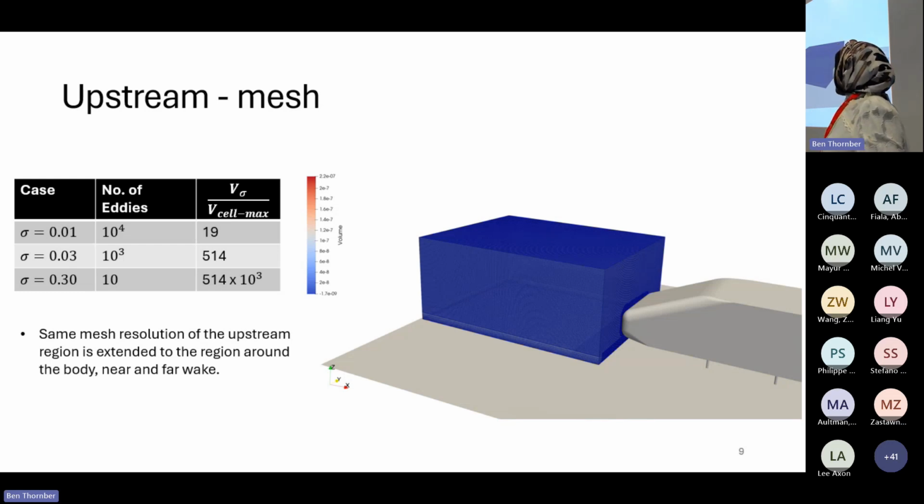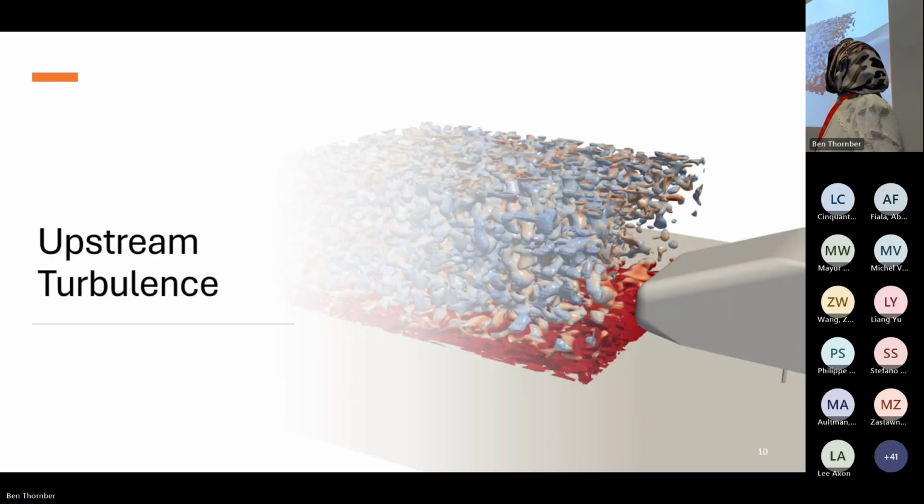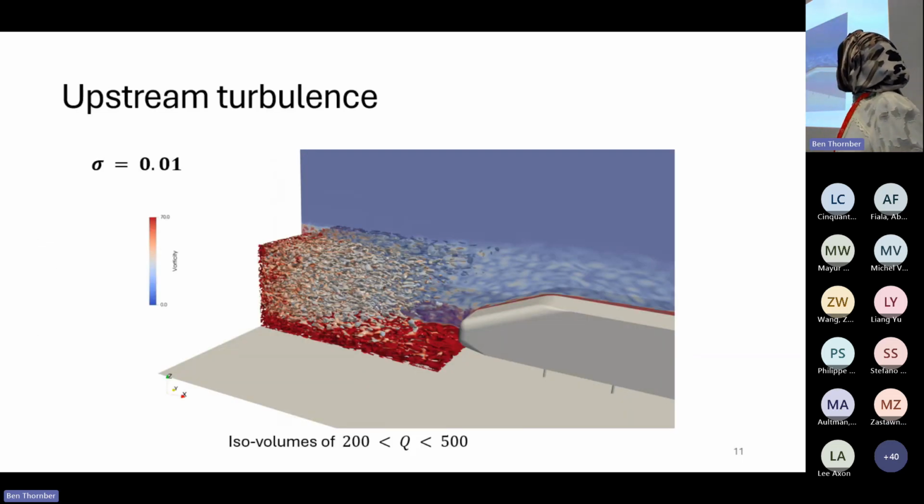But then we extend the same mesh resolution around the body in addition to the prism layers, and also in the near wake and far wake regions. Now, if we look at the results of the upstream turbulence, it started with the smallest length scale, and here we look at the isovolumes of Q, between 200 and 500, and we can see the turbulence coming from the upstream, colored by vorticity magnitude, and to some extent dying before reaching the wake, as we'll see later.